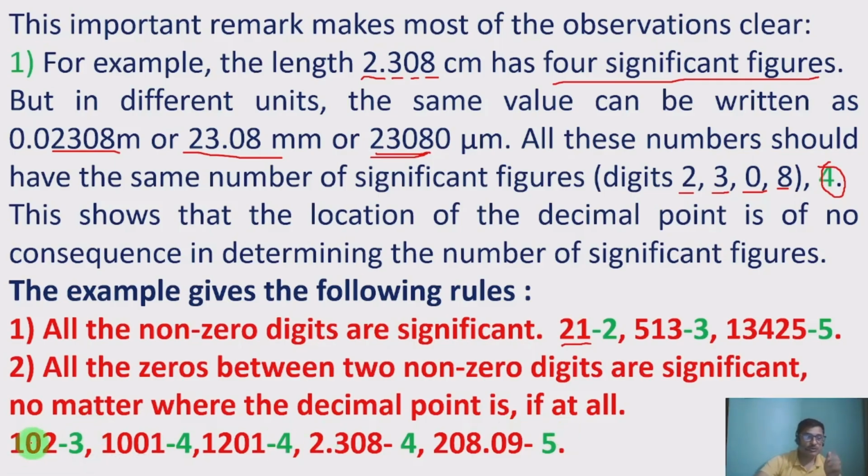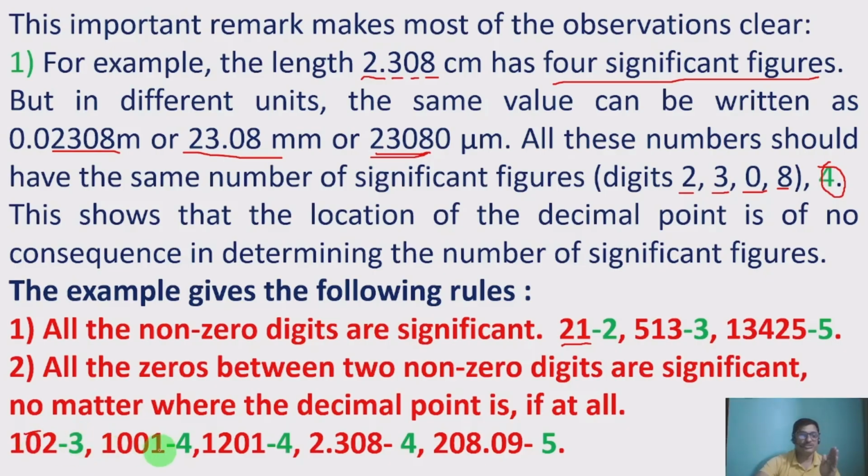Here we can take 102, a number having 3 digits. 1 is non-zero, 2 is non-zero, and between these two there is a 0 that also becomes significant. Therefore, there are 3 significant figures.